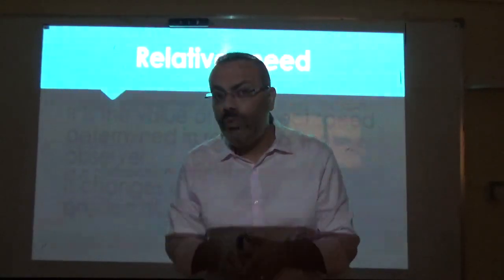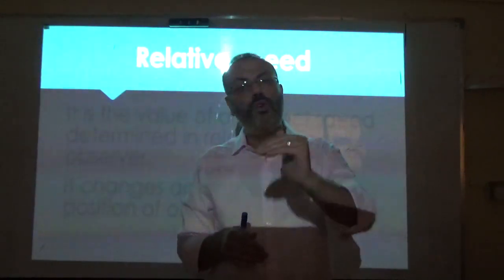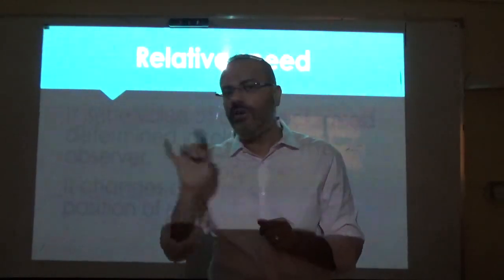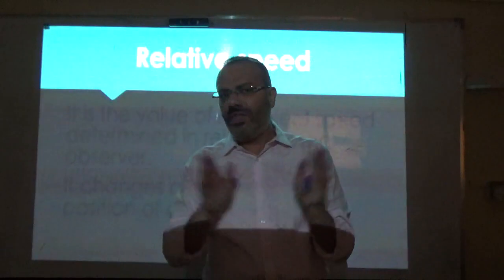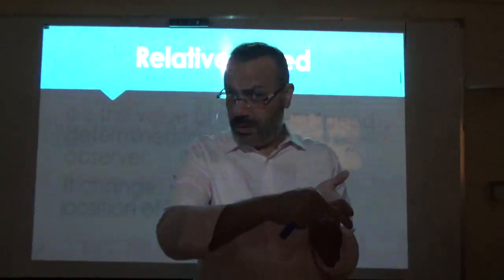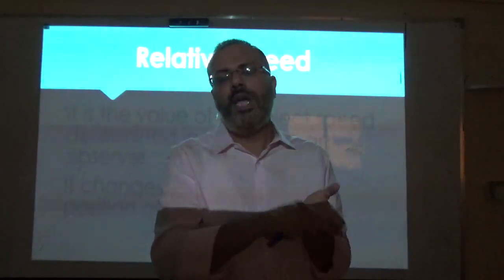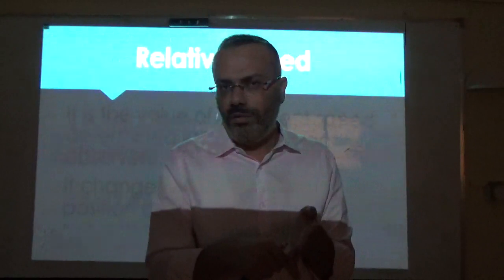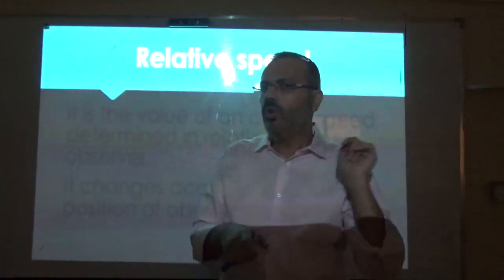But if the object moves with non-uniform or irregular speed and we calculate the average speed, the value is different. So the average speed doesn't equal the value of the non-uniform speed.